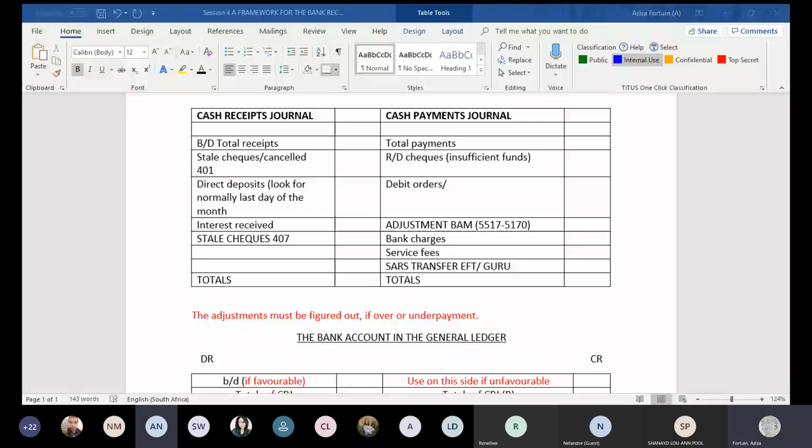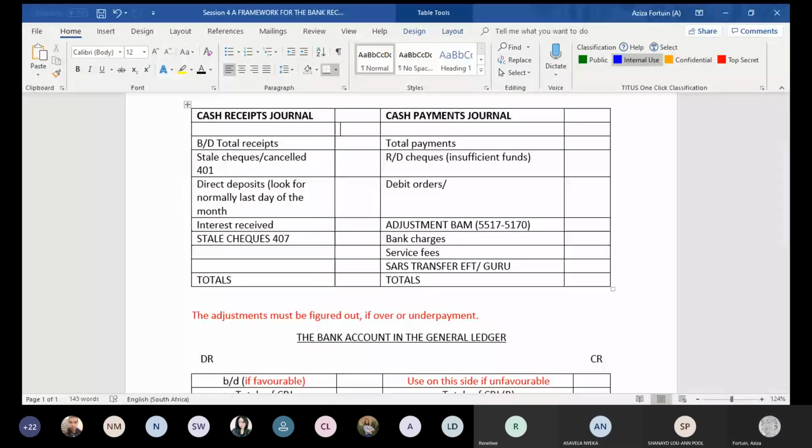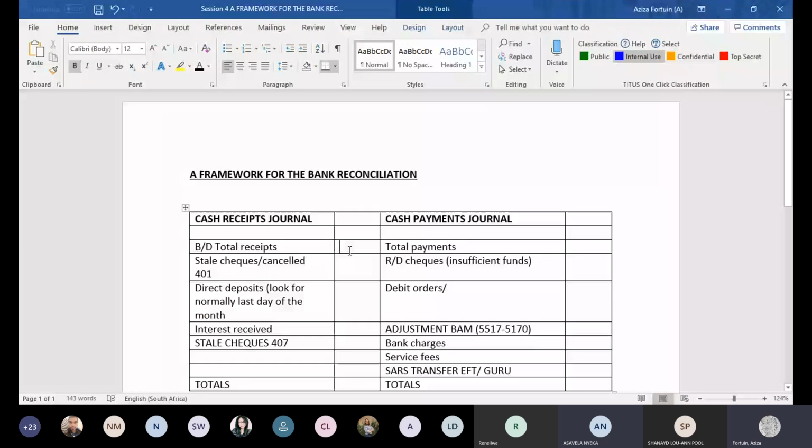Okay, on the cash receipt journal, the balance is 416,400. We put it on the balance for the cash receipt journal.